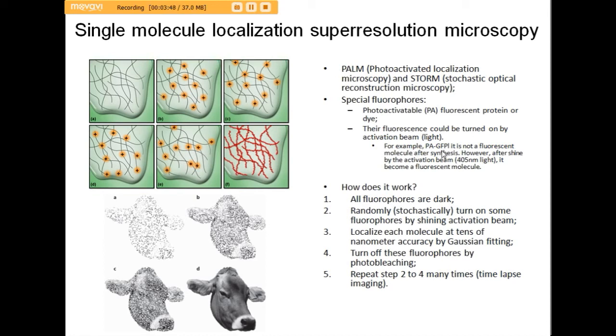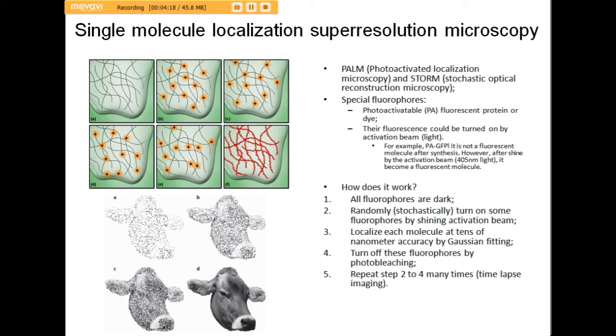For example, PA-GFP is not a fluorescent protein after its synthesis. It is a variant of green fluorescent protein, and after synthesis it is still a non-fluorescent protein. Non-fluorescent means that if you shine the excitation light of GFP, no emission light will be generated because it's a non-fluorescent molecule.